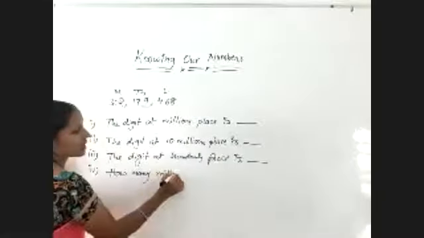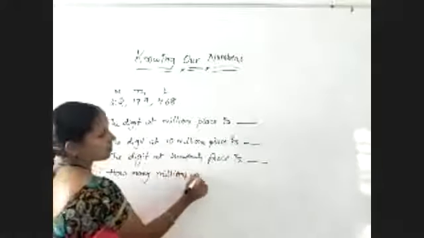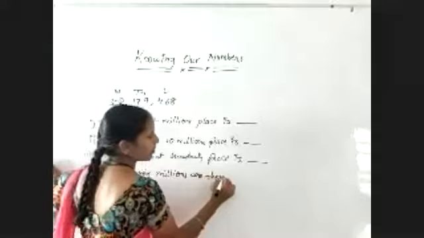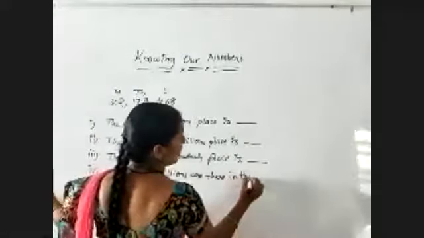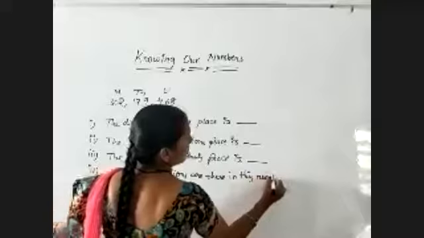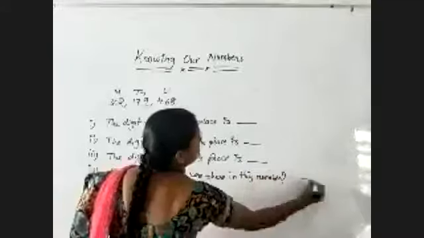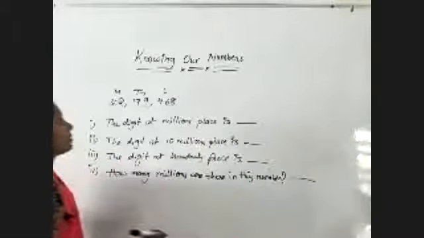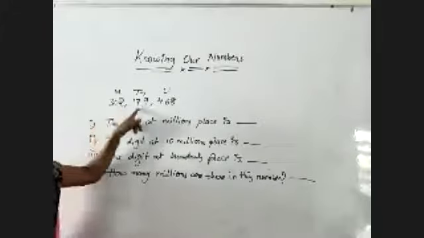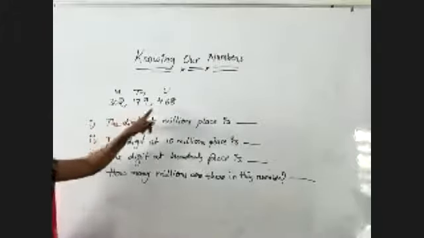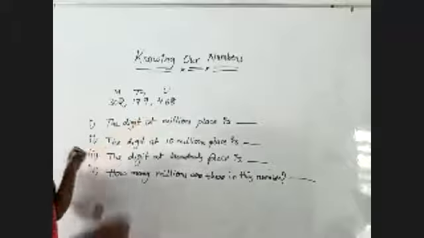How many millions are there in this number? So observe 302,179,468.